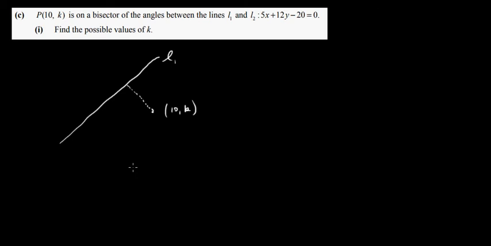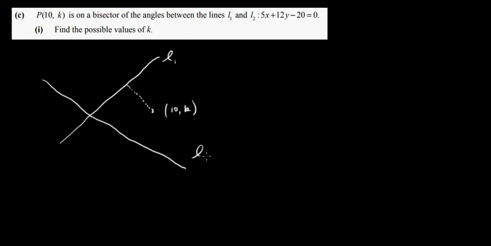That's a certain distance from L1. Now we have another line, L2, and that's going to look something like this. I don't have this drawn too accurately, so let me do that a little bit better.